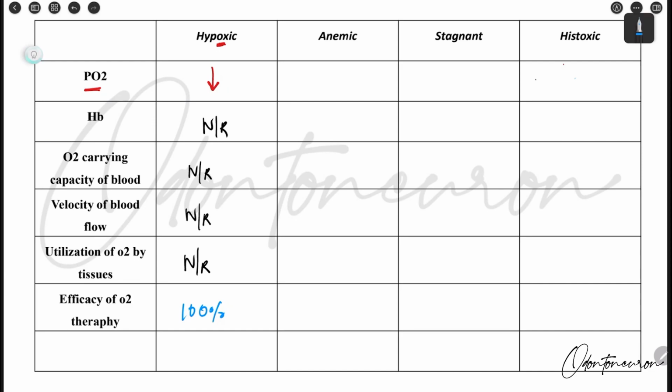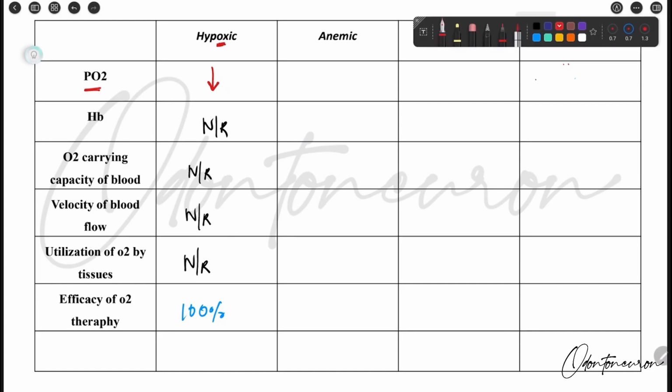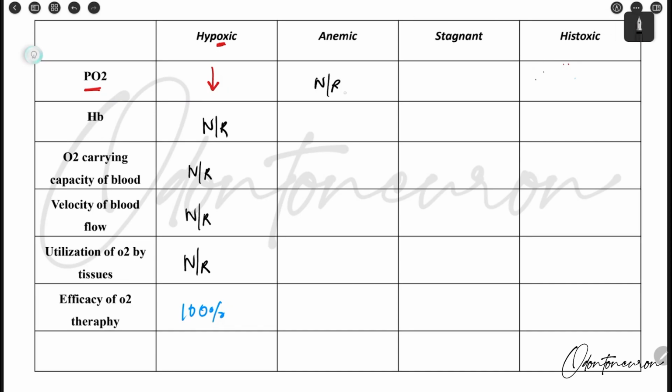Done. Now, what is anemic hypoxia? In anemic hypoxia, your PO2 is normal, but your arterial hemoglobin content is reduced. Now, when your arterial hemoglobin content is reduced, what will happen to your oxygen carrying capacity?